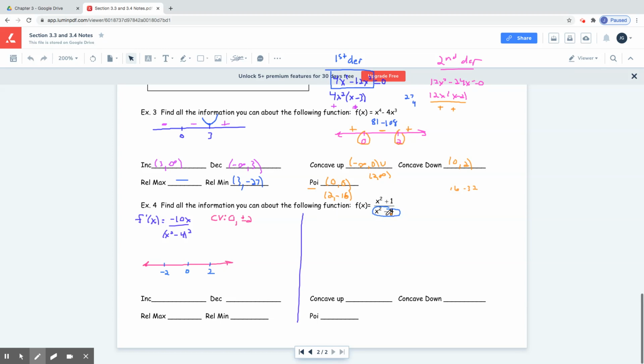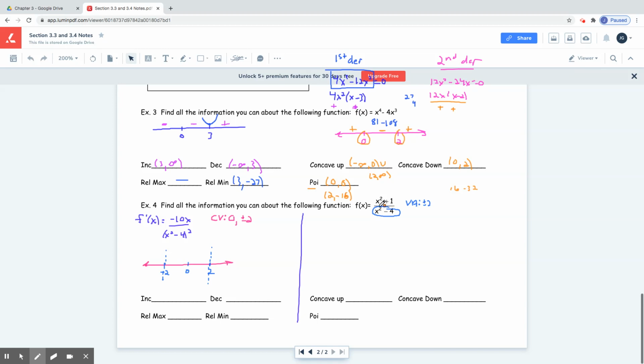What is happening in the original function at 2 and negative 2? There's a vertical asymptote because it makes the denominator equal to 0, meaning we can't have any points on those lines. So we'll deal with that in a second when we potentially can have max or mins.